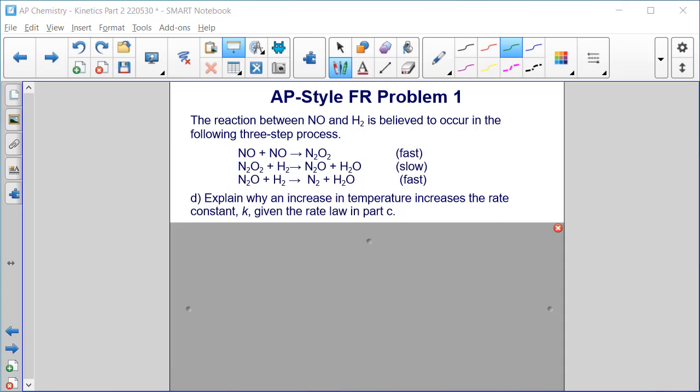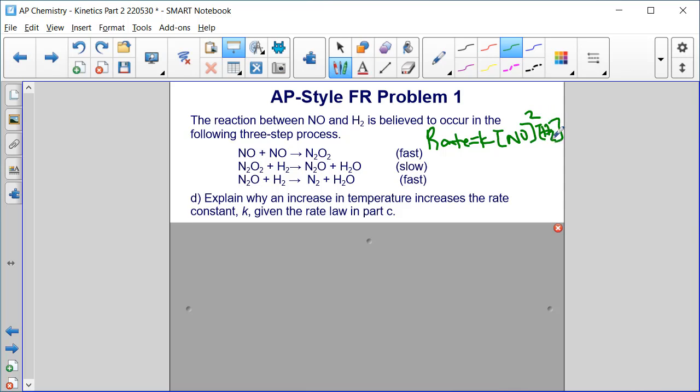Part D. Explain why an increase in temperature increases the rate constant K given the rate law in Part C. So the rate law in Part C was K times concentration of NO squared times concentration of H2.